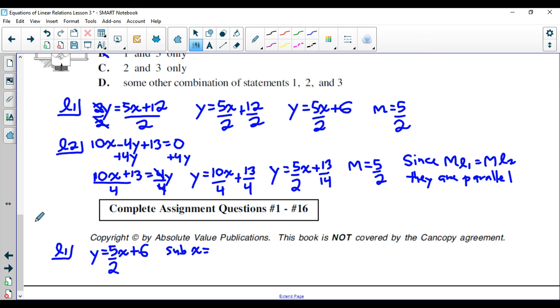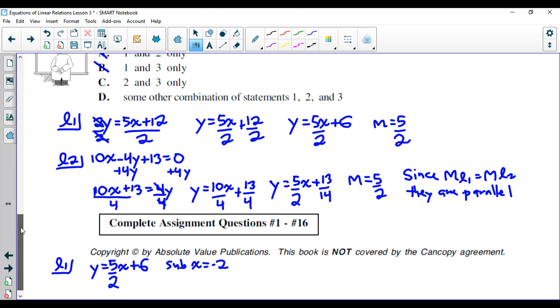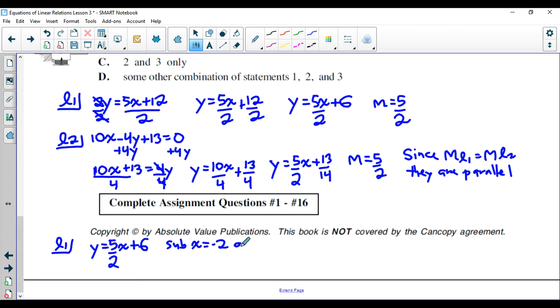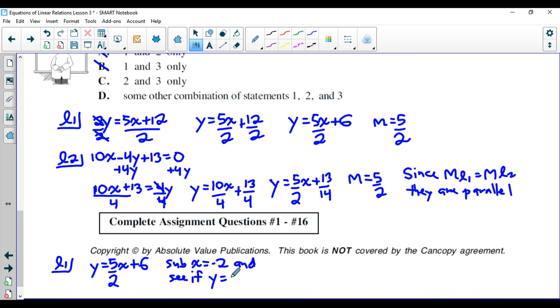I'll sub x equals -2 and see if y is equal to, I think it was 1 here. Okay, that'll prove if this point is on the line.